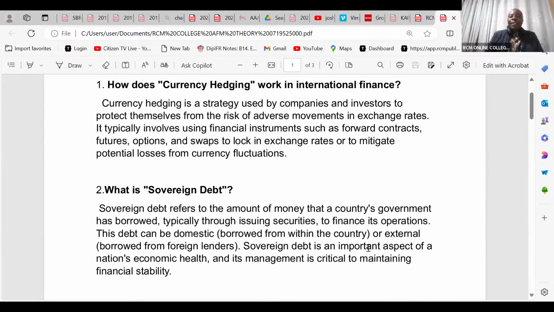Sovereign debt is an important aspect of a nation's economic health, and its management is critical to maintaining financial stability. So we must ensure that any money borrowed by government is used for what we intended.